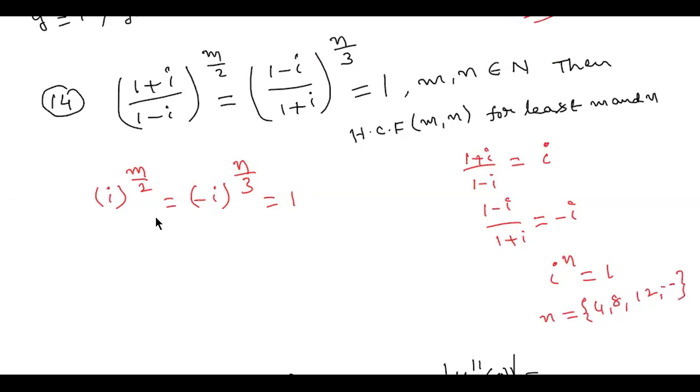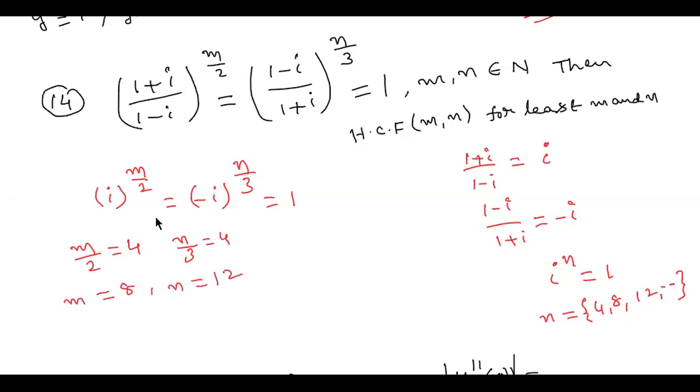These values we take, meaning that it exists. Now here the m by 2 value compulsorily needs to be 4. Similarly, n by 3 also needs to be 4. So what is the m value? The m value is 8. And what is the n value? The n value is 12.